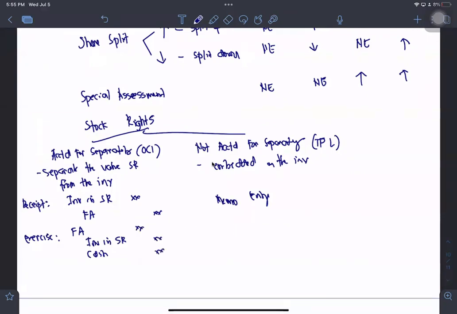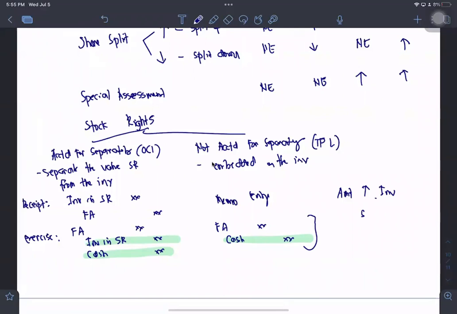While in your memo and in your not accounted for separately, it is only financial asset and a credit to cash. Therefore, the amount which will increase our investment under your stock rights is that for accounted for separately, the cost of the stock rights and the cash, while for not accounted for separately, only your cash.